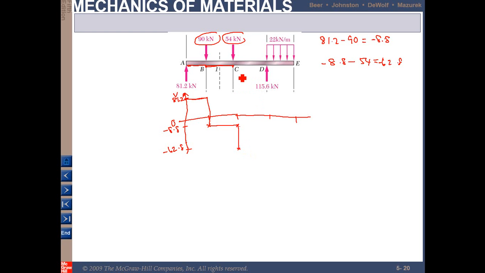And then because there is no force acting from C to D, this also again will become a straight line for the shear force diagram, until you give 115.6 kilonewton going upward. So this is actually minus 62.8 plus 115.6, which is equal to 52.8.